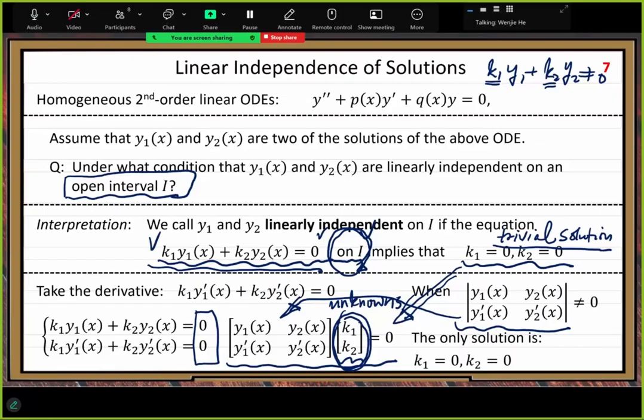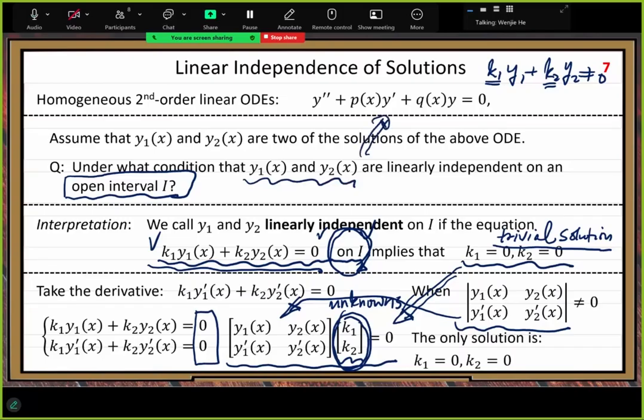Now we go back to linear independence. After we apply this result from linear algebra, we can make conclusions related to linear dependence and linear independence. So you find two solutions y1, y2 of that homogeneous system.